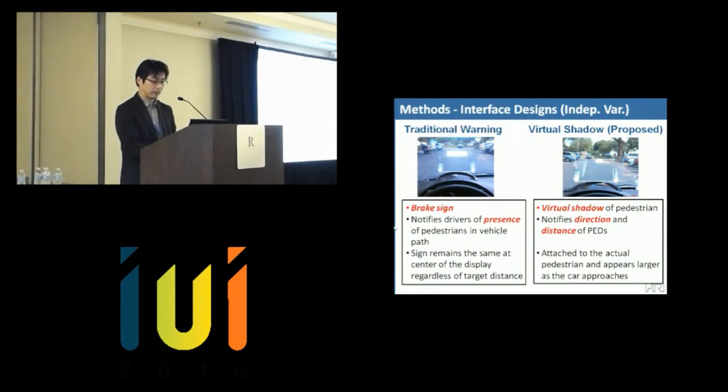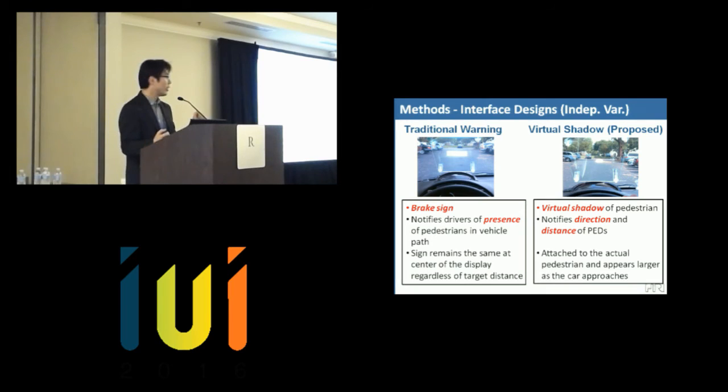In summary, the traditional warning shows a brake sign. Our proposed virtual shadow concept shows an actual shadow of the pedestrian, like this. The traditional warning notifies the driver of the presence of a pedestrian in the vehicle's path, while ours notifies the direction and the distance of the pedestrian.